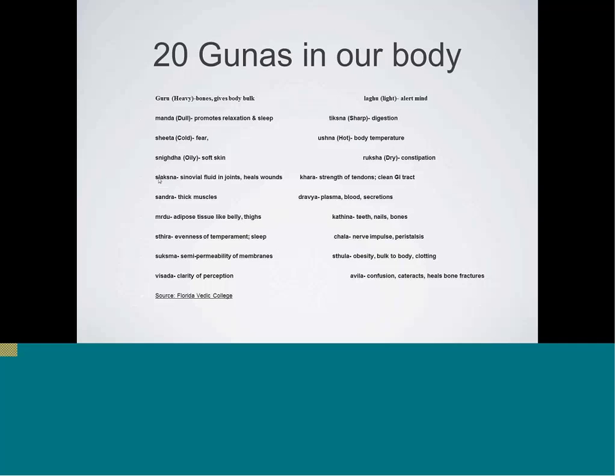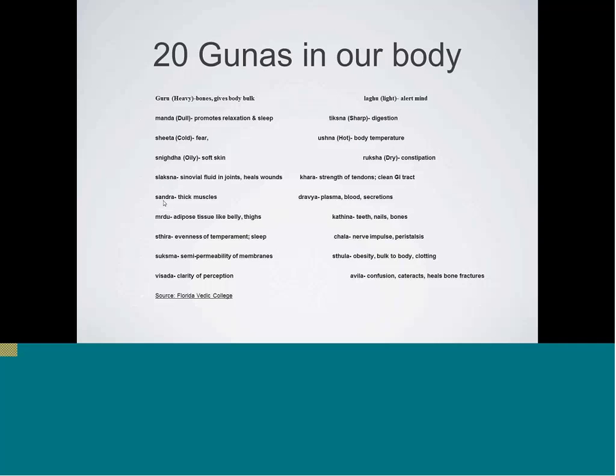The slakshna, the slimy or smooth quality, is manifest as the synovial fluid in the joints and also in healing of wounds. The khara or rough quality is present in the strength of the tendons, and it's needed for cleaning the gastrointestinal tract. The sandra or thick quality, dense quality, is manifest in the thickness of muscles.